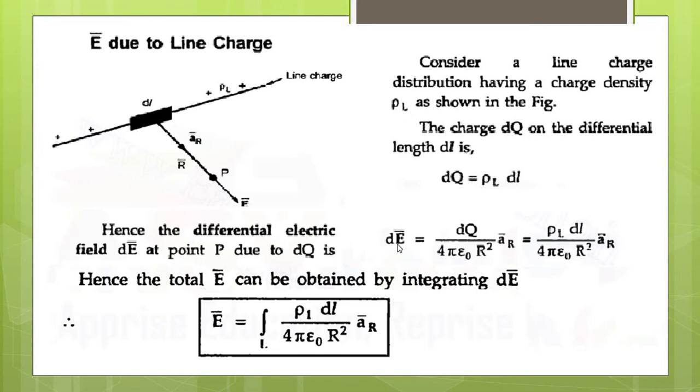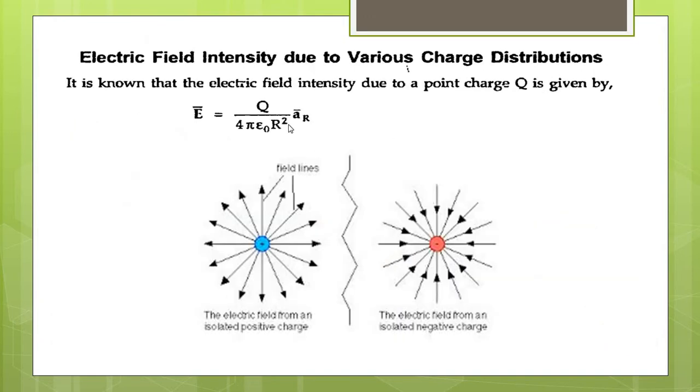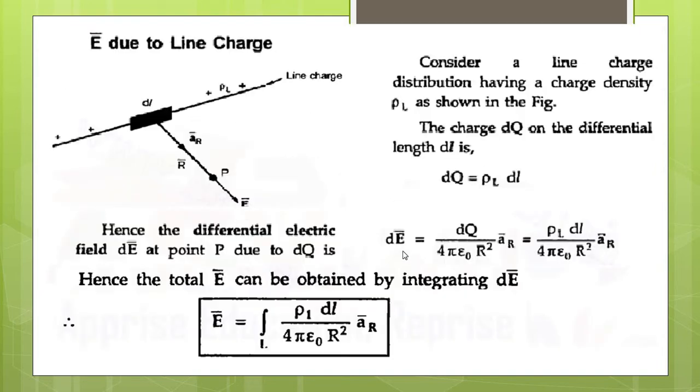We'll write the differential electric field dE. From the previous equation, E is equal to Q by 4 pi epsilon naught r square into AR. Here we are taking the differential terms. So dE, the differential electric field intensity, is equal to dQ by 4 pi epsilon naught r square into AR. In place of dQ, simply substitute rho L into dl.